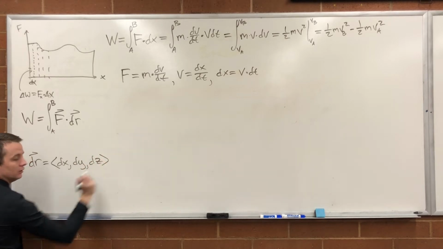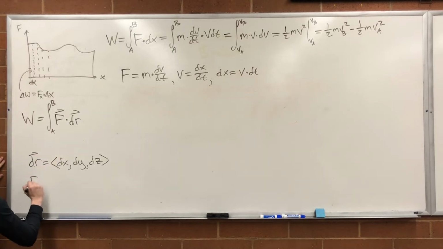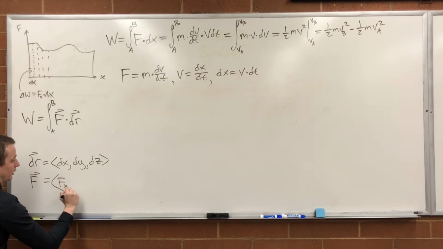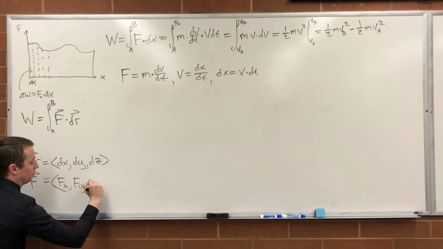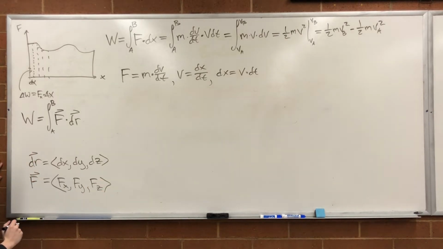Does that make sense? And F here, we're going to assume F is just equal to the component of your force in the x direction, the component of your force in the y direction, the component of your force in the z direction. Make sense? Why do you multiply by dr?